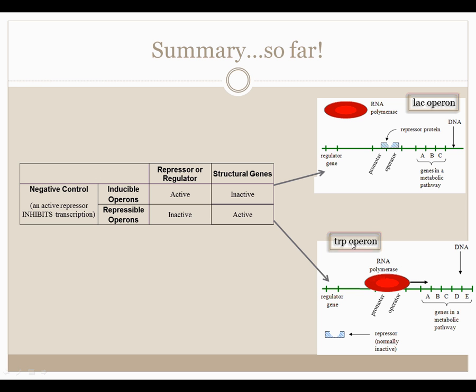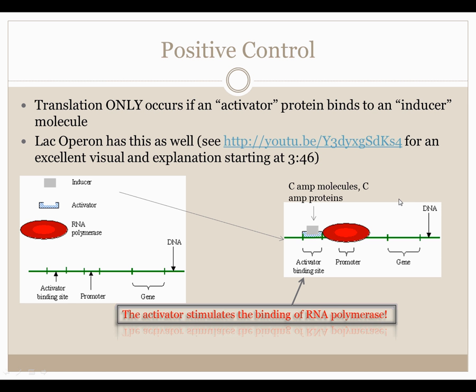And with the trp operon, it's still negative control. When it goes on, I'd have to pull that away to transcribe, but normally it's not repressing because it's normally inactive, and the structural genes are normally active. So this is just a different way of reviewing.